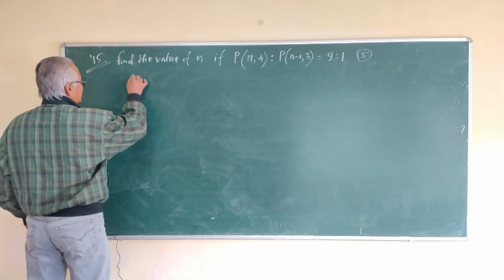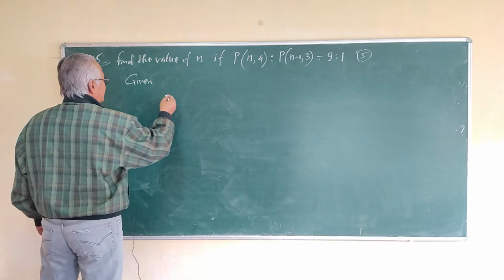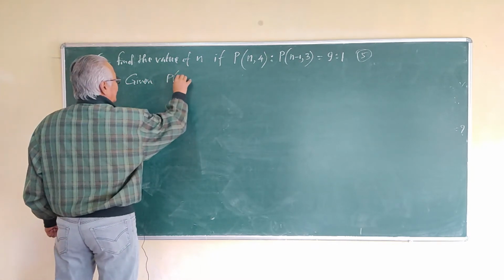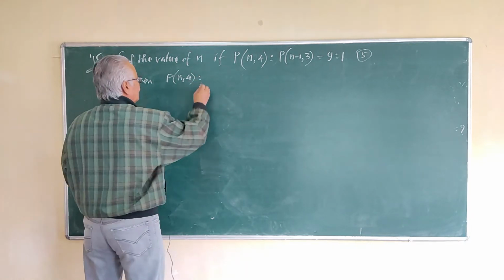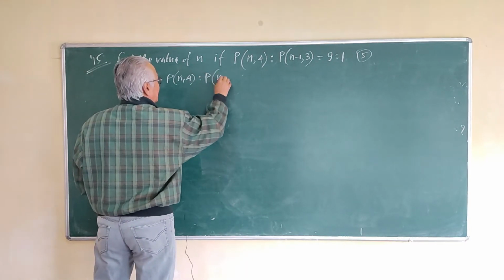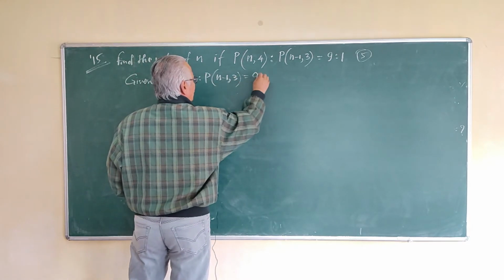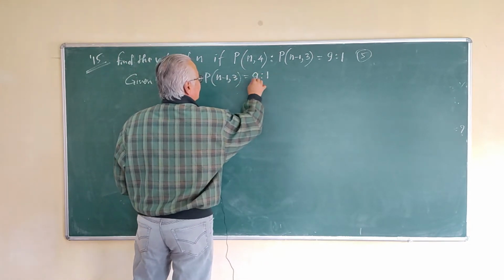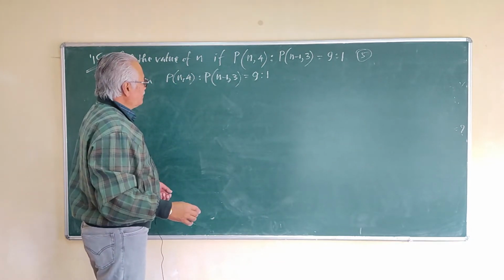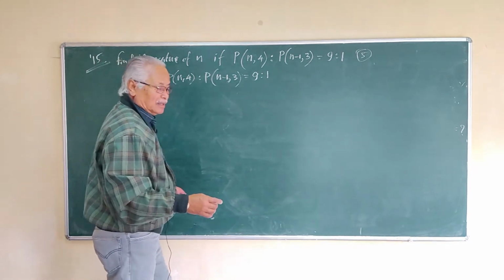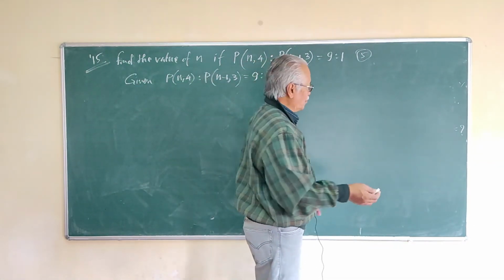So let's see the problem. What is given? P n4 is to P n minus 1, 3 as 9:1. So this can be written as what? All of you have a very good idea about ratio and proportion.